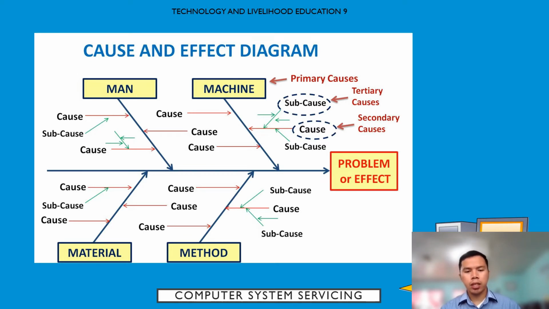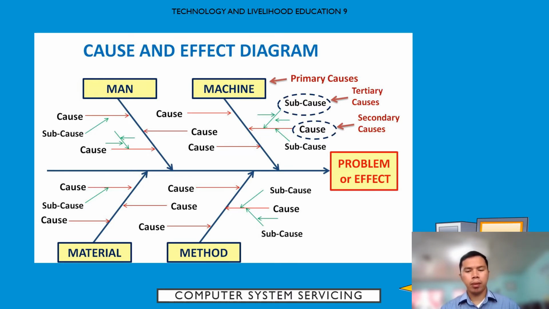So this tool allows you to analyze each area that contributes to the problem and list down which of the sub-causes in each area contribute to the problem or effect. In this example, we have the machine, the man, the material, the method.